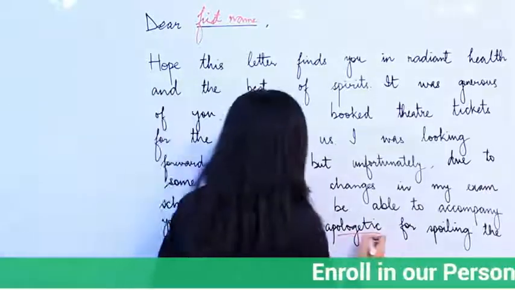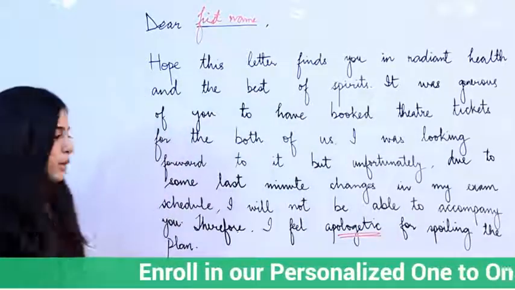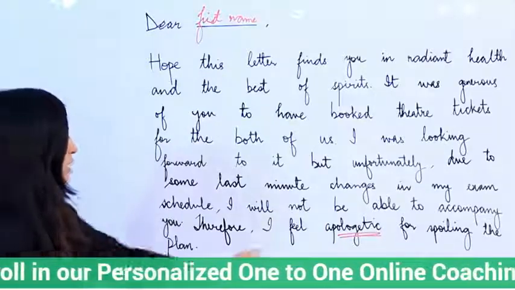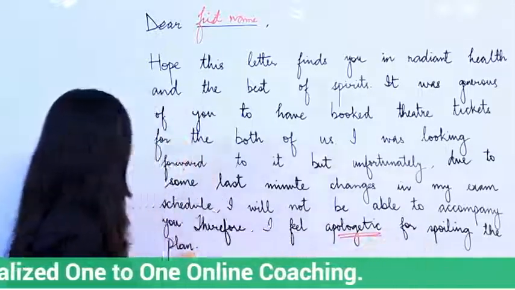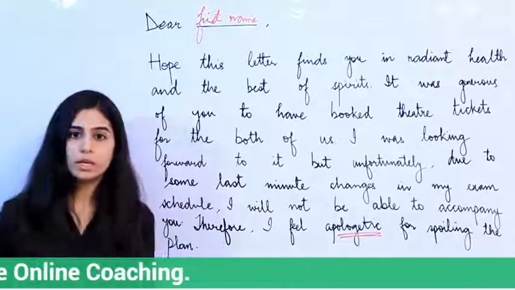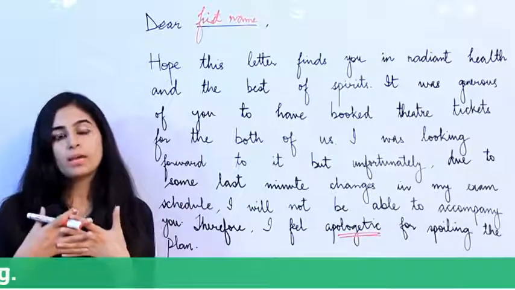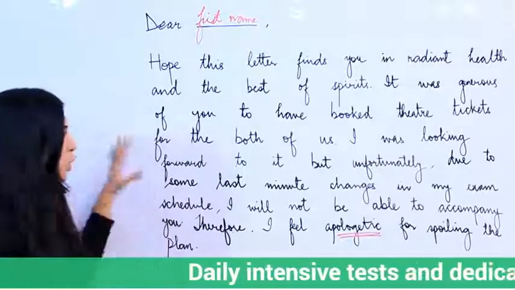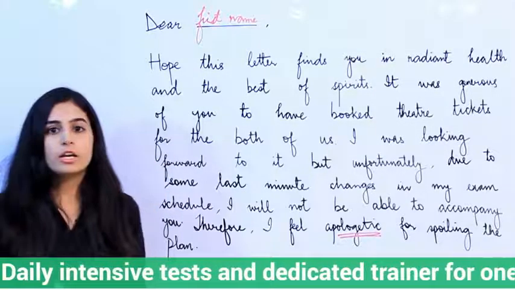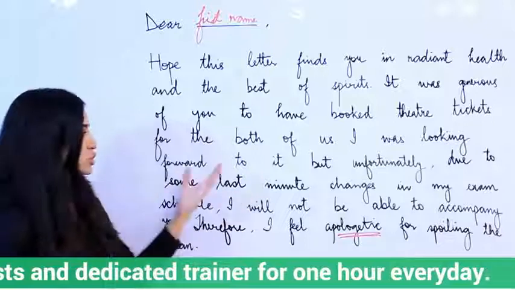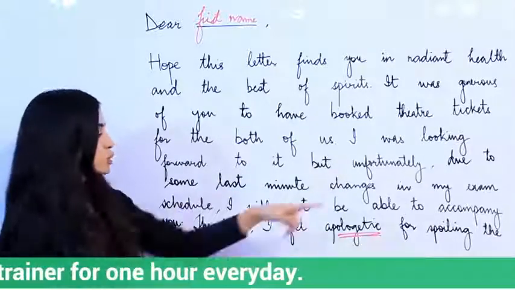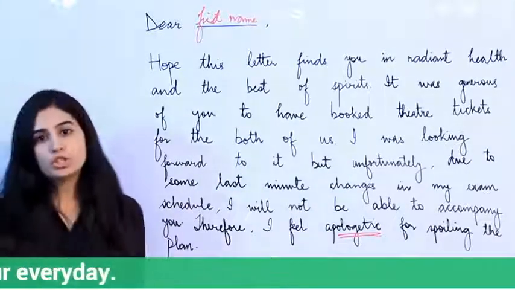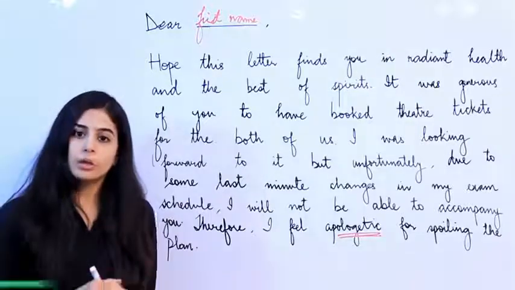So this is where we have addressed the first bullet point, which is I feel apologetic for spoiling the plan. So you're really sorry that you are not able to accompany your friend to the theatre show because of a sudden issue that has come up your way, which is the change in your exam schedule. So you are apologetic for not accompanying your friend.